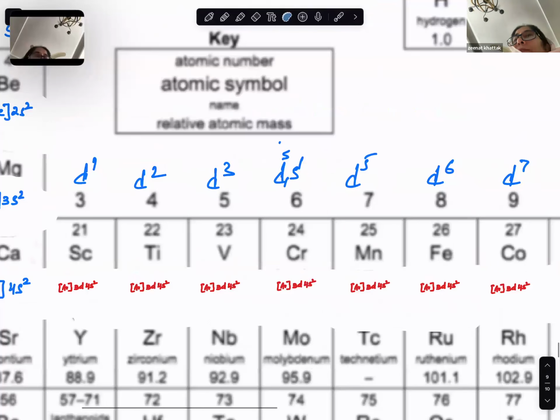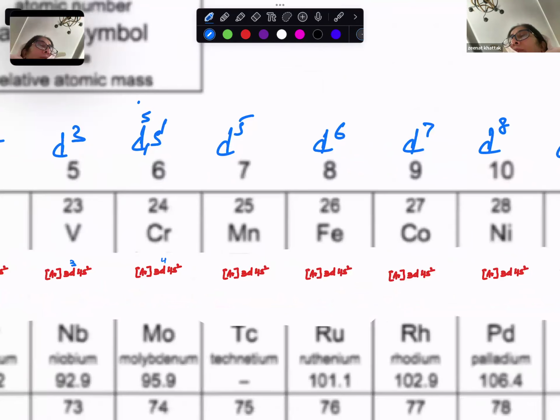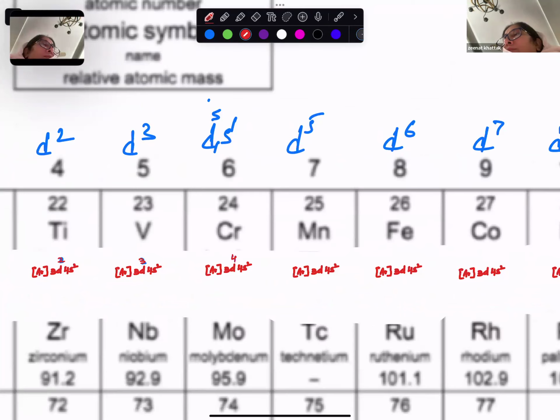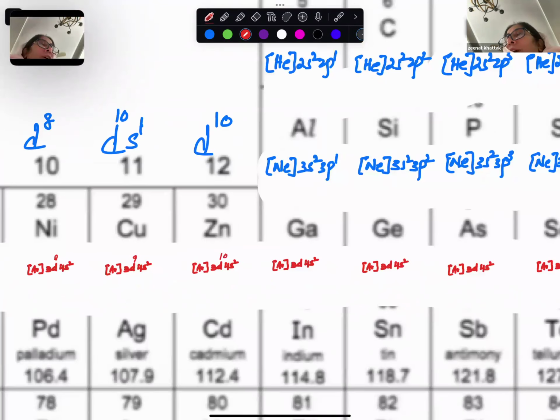It's what? 3d1, 3d2, 3d3, 3d4. I think I should go with red. Doesn't look good. 3d1, 3d2, 3d3, 3d4, 3d5, 3d6, 3d7, 3d8, 3d9, 3d10.